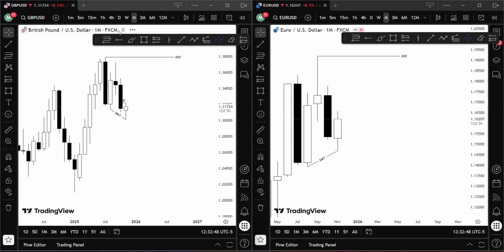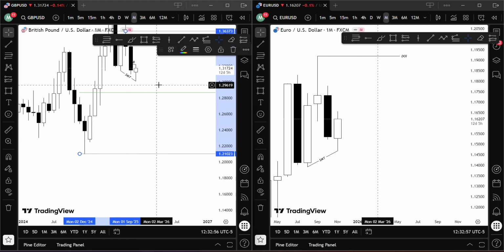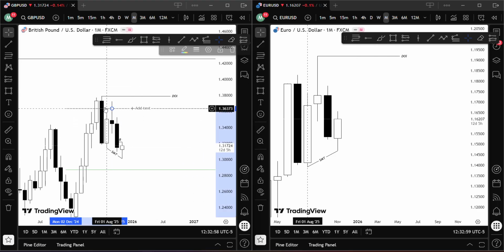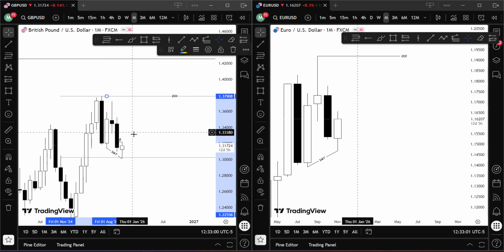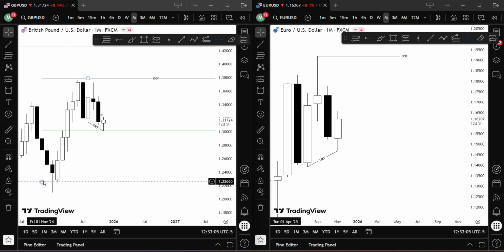And how you can also identify your growth liquidity on the monthly is this dealing range, this quite pretty dealing range, which is clear, right? We have premium, we have discount, and price creates a dealing range.